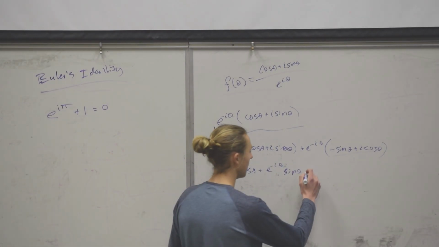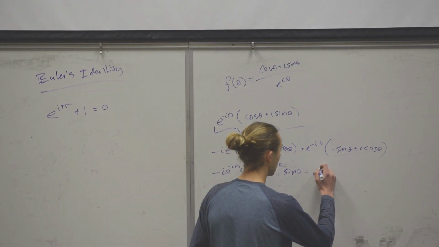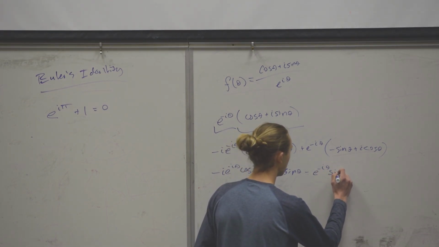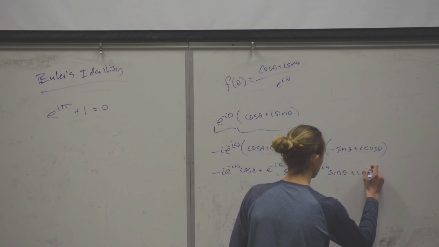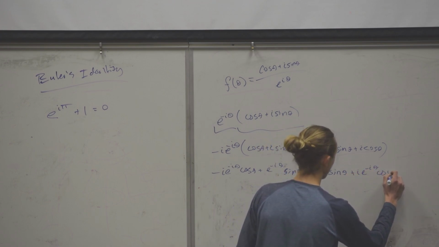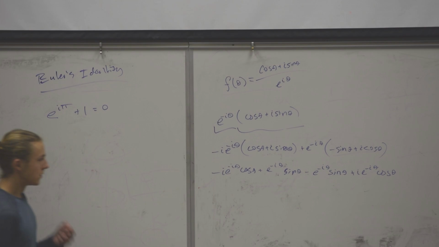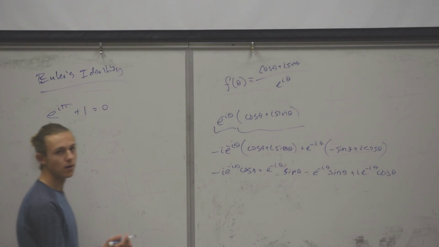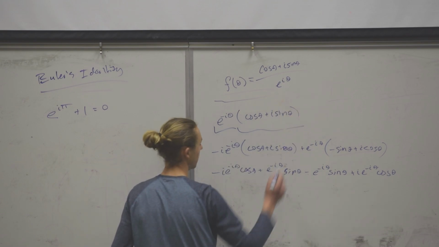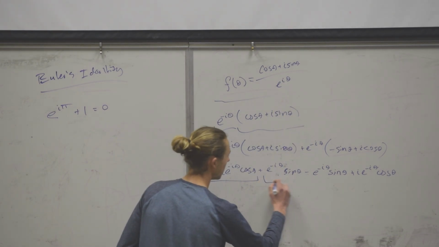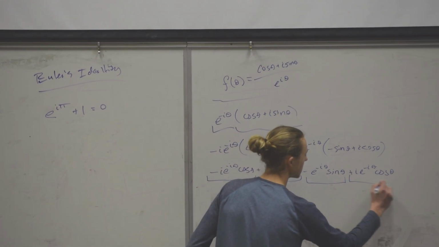And then I have minus e to the negative i theta sine theta plus i e to the negative i theta cosine theta. Okay, so now we have 4 terms after we've differentiated this arbitrary function, this in polar coordinates, right? So we have this term, this term, this term, and this term.